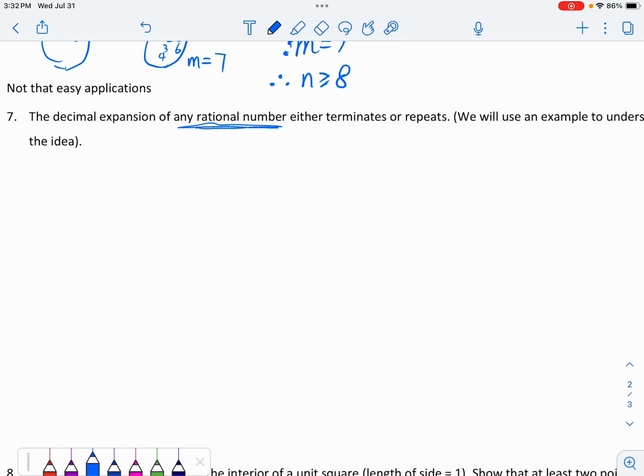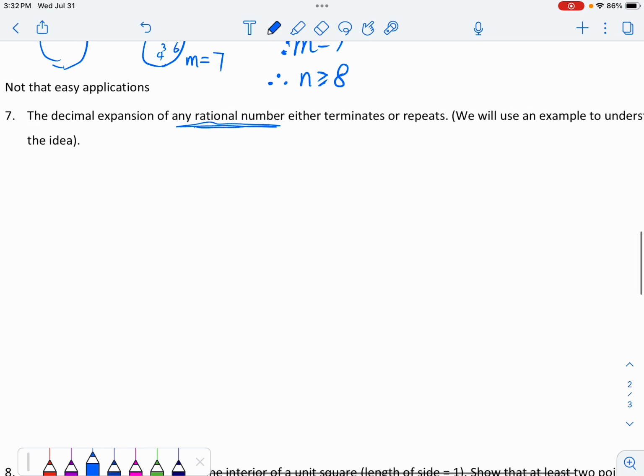For instance, 7 over 5 terminates, that's 1.4. Or 1/3 is 0.33, never ending, but it repeats. So it either terminates or repeats. How do we prove that?